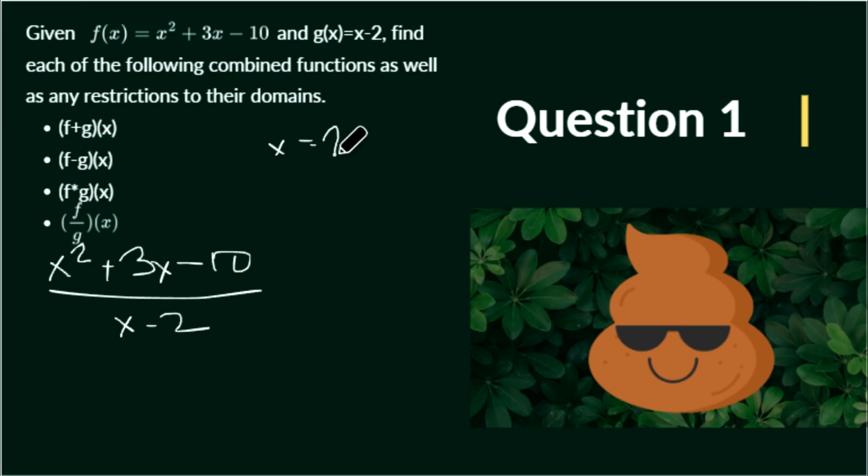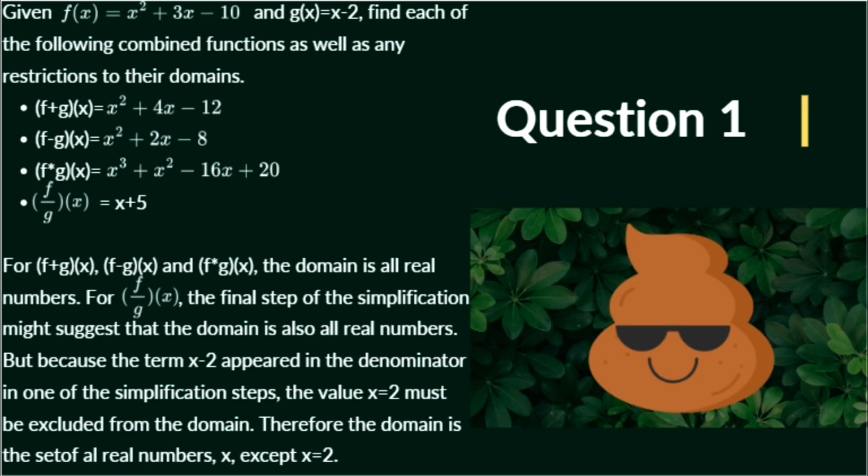Then we're going to end up with a 0. So 2 has to be excluded. So when we add, the domain is all real numbers. When we divide, for the division one, it's all real numbers except 2.